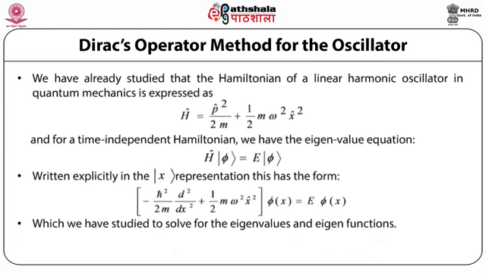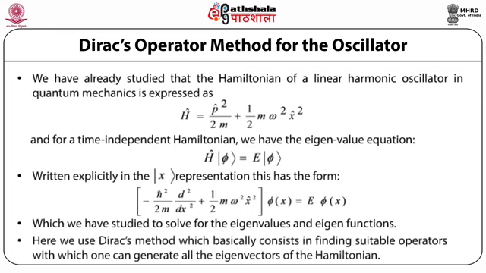In the Dirac's formulation of quantum theory, the central role is played by the commutation relations between linear Hermitian operators corresponding to the dynamical variables.